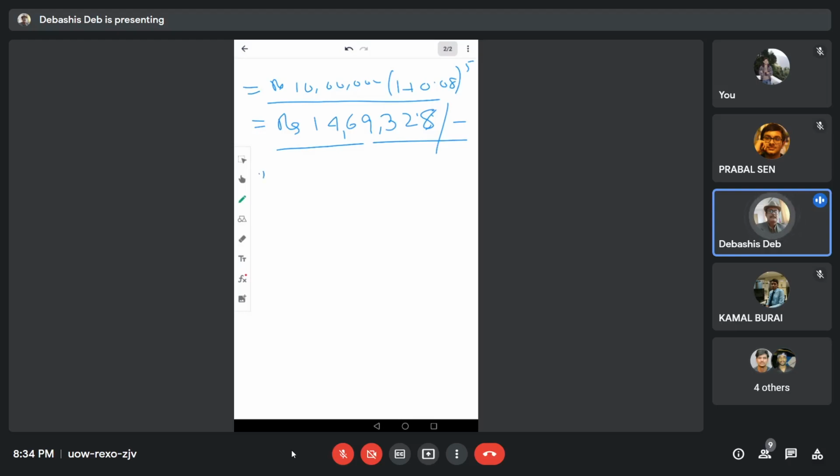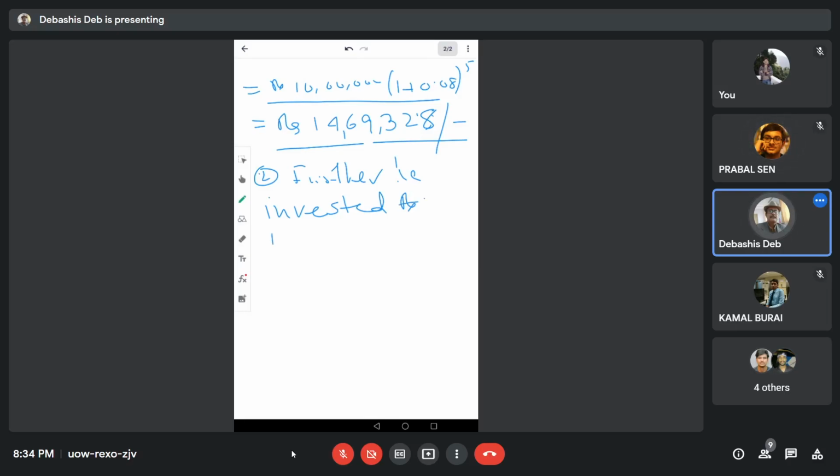Now in the second case also, further he invested, how much money did he invest? 10 lakh for roads. Yes, sir, 10 lakh.